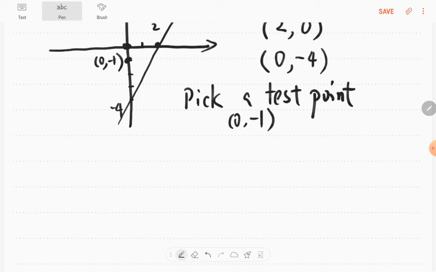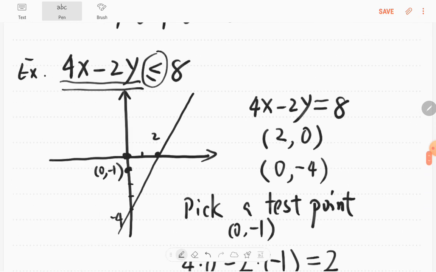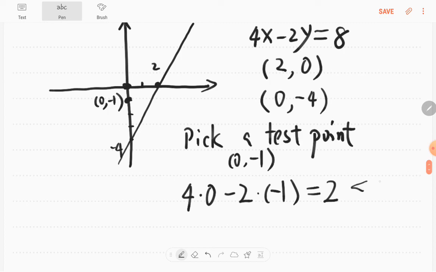So 4 times 0 minus 2 times negative 1, which is equal to 2. 2 is less than 8. No problem. So this is the region we are looking for, the region containing this point.